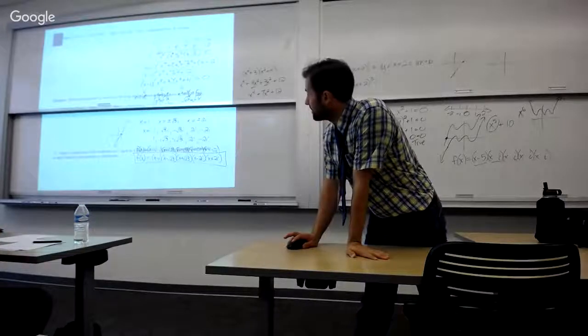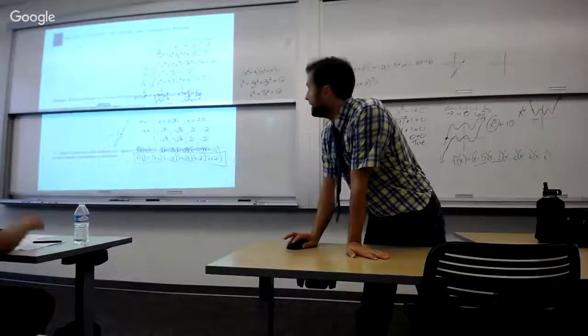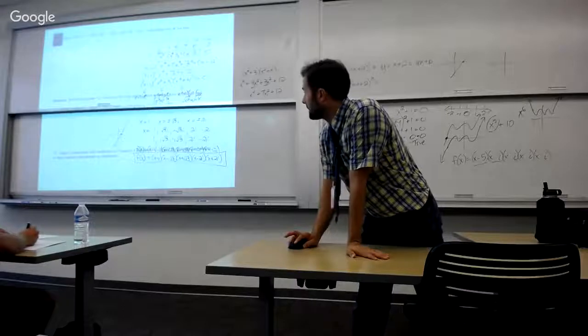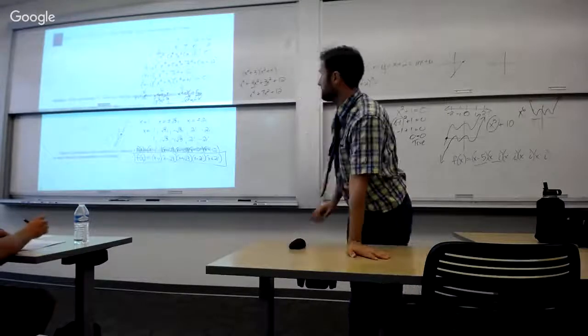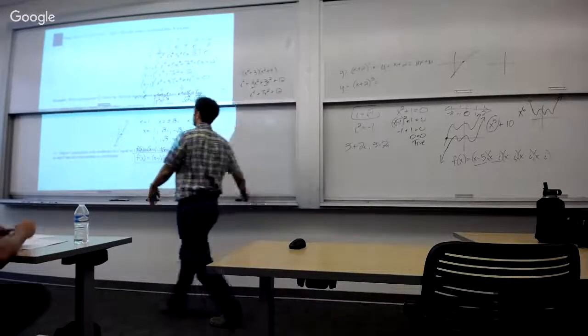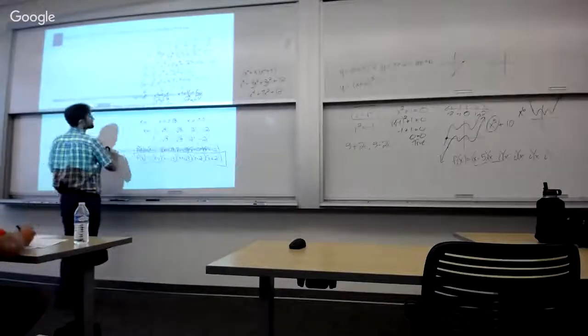Everyone, you can cross out number 13. The last 2 problems ask us to write a polynomial with certain characteristics.